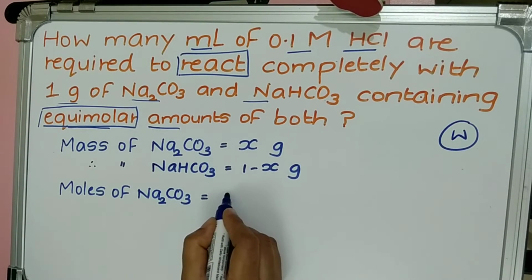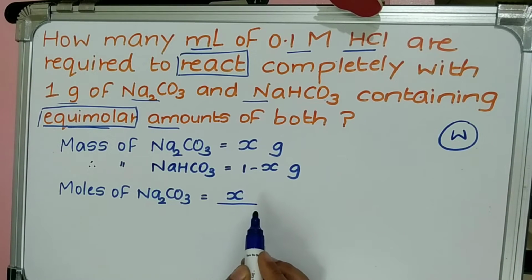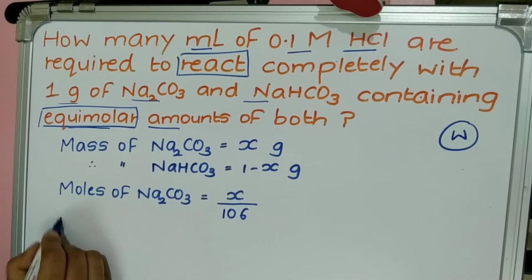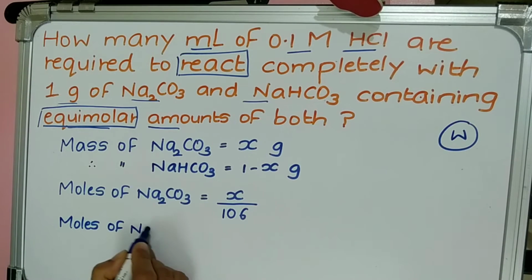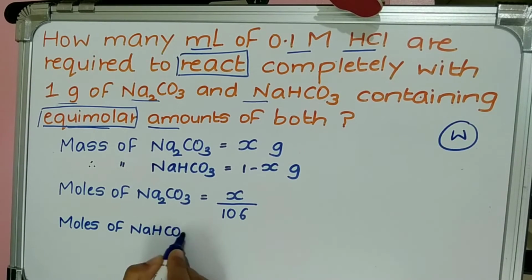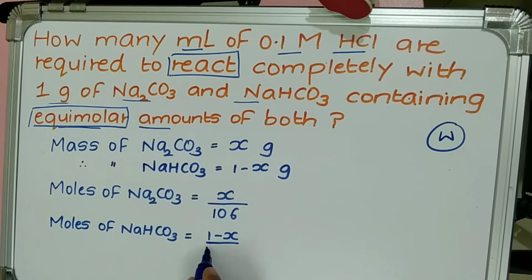Moles is equal to mass, that is X we have supposed, upon molar mass of Na2CO3, that is 106. Similarly, moles of NaHCO3 is equal to 1 minus X upon 84. Correct? 84 is the molar mass of NaHCO3.